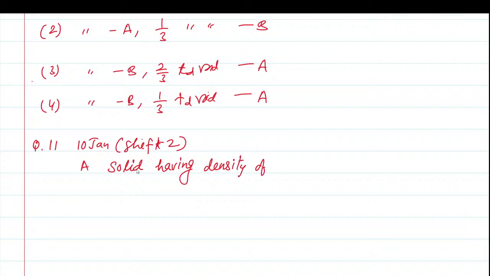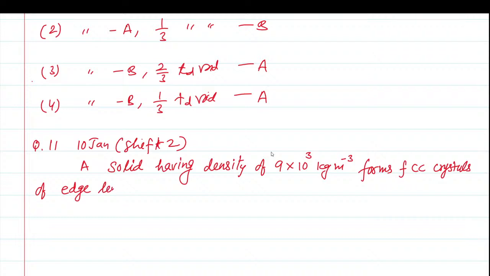A solid of density 9 into 10 raised to power 3 kilogram per meter cube forms FCC crystals of edge length 200 into root 2 picometer.